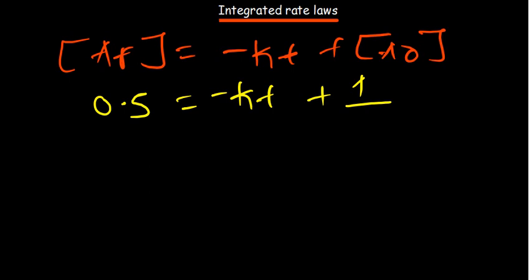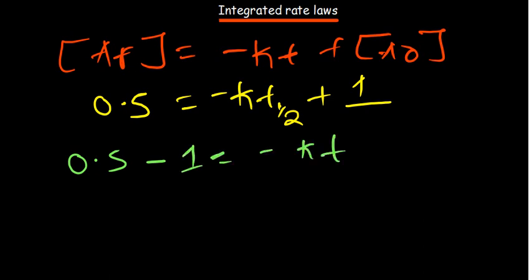Now your goal is to make time the subject of the formula at your half-life. So you collect the like terms, and then you have negative 0.5 is equal to minus kt. So this will give us a positive, and then you can divide by k.